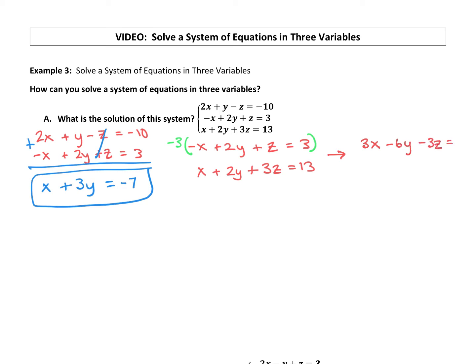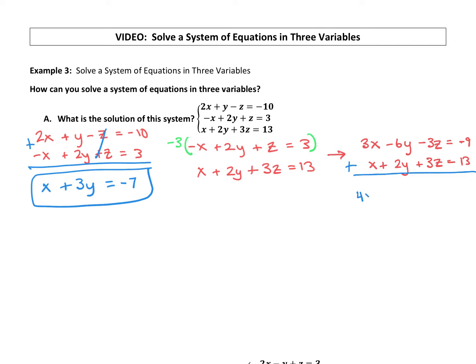And negative 3 times 3 is negative 9. The second equation didn't change. I'm just going to carry that over. X plus 2y. Need to make sure we're looking very carefully. Plus 3z equals 13.